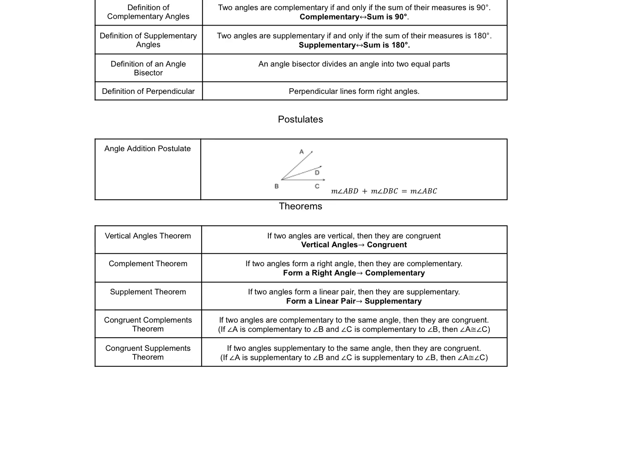And then we have the congruent supplements theorem. If two angles are supplementary to the same angle, then they are congruent. So like if angle A is supplementary to angle B and angle C is also supplementary to angle B, then we can assume that angle A is congruent to angle C.